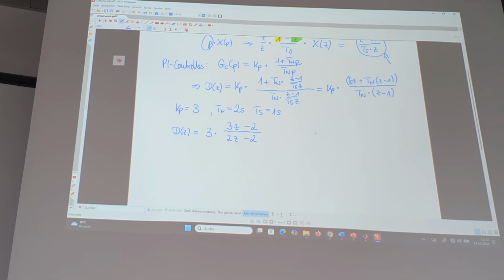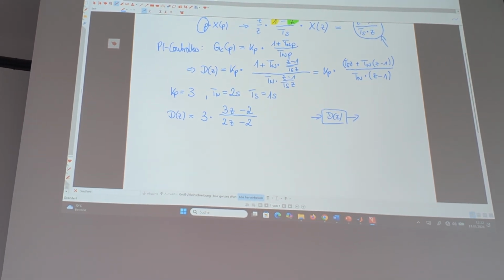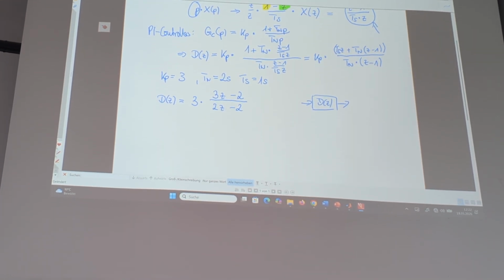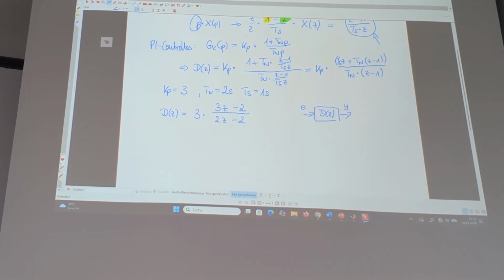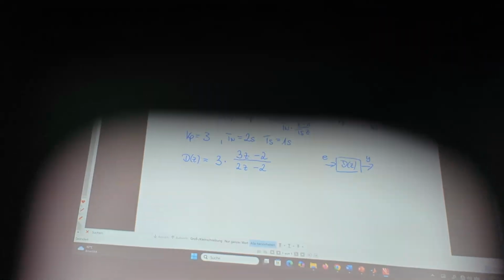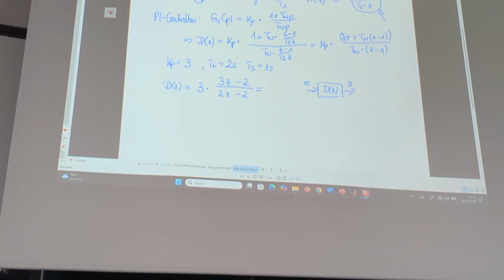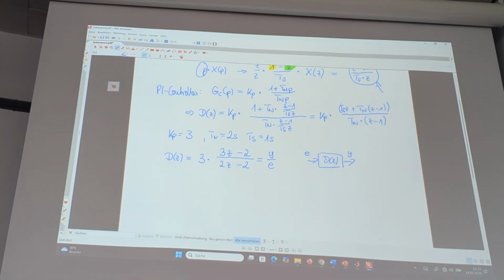Now the question is, if we have such a system with the transfer function D of z, we have to implement it into our software. Then the input is the error e, and the output is our actuating signal y. So D is output over input, y over e.